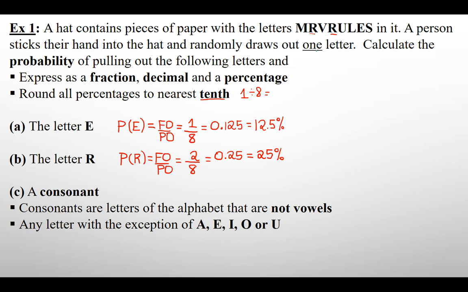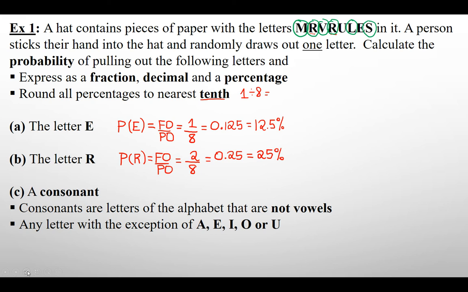Let's identify what all the consonants are. So M is a consonant, R is a consonant, V is a consonant, R is a consonant, L is a consonant, and S is a consonant. So you have 6 consonants.